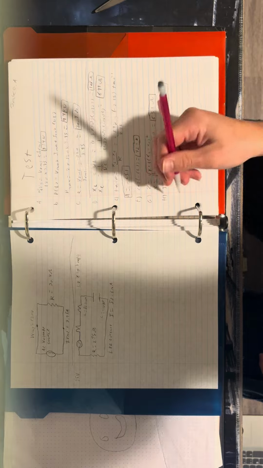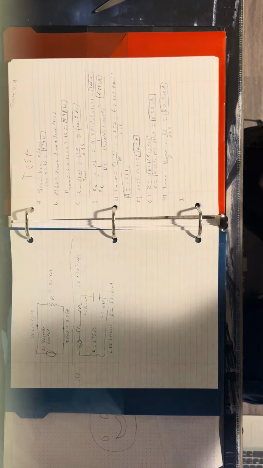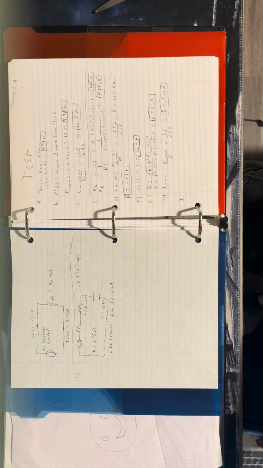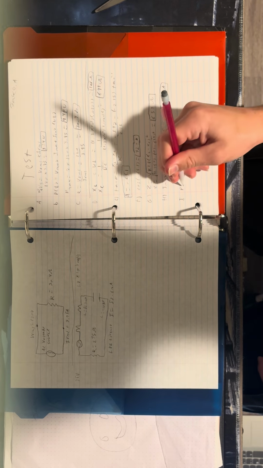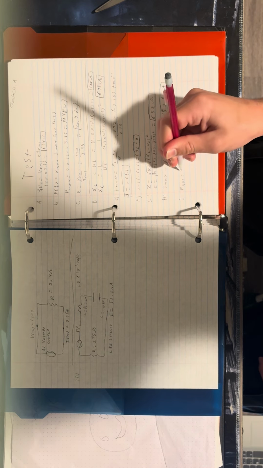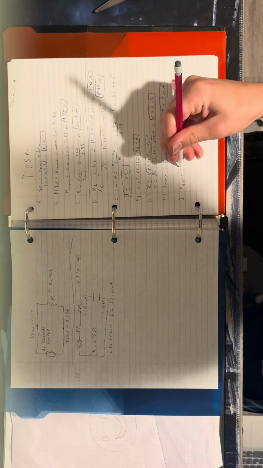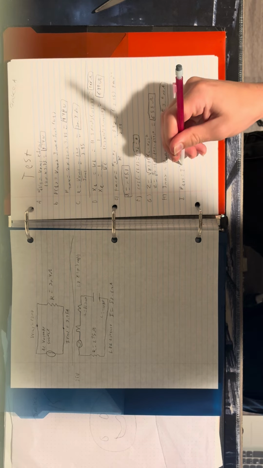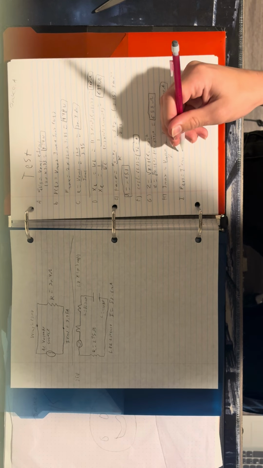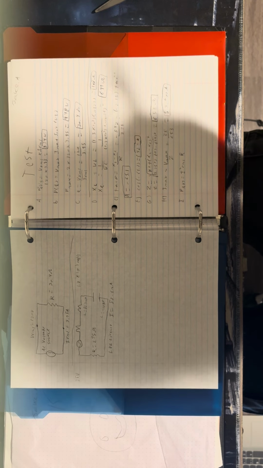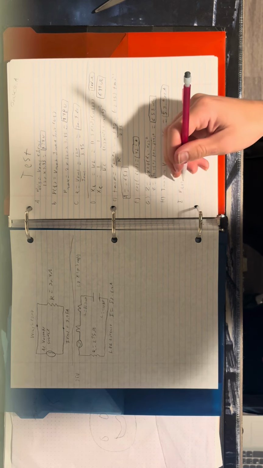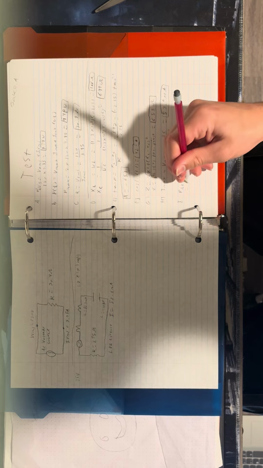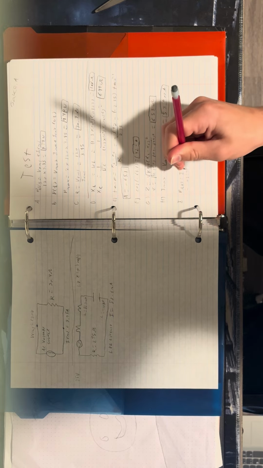And now we just have I. But I asks us to find the average power delivered to the resistor, which again, average, maybe I, this time root mean squared, squared times the resistance, which is going to be 0.0379.